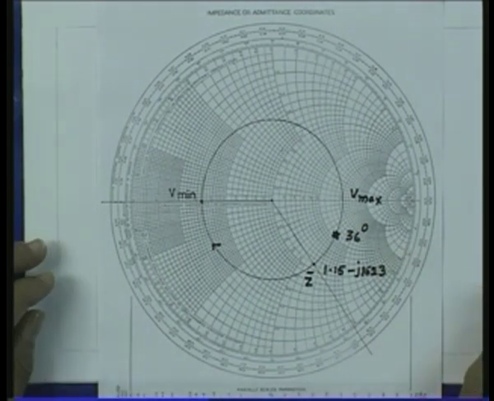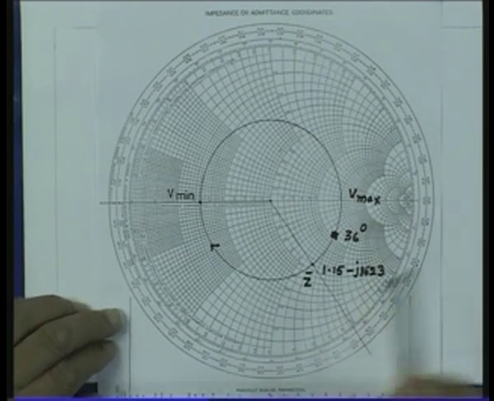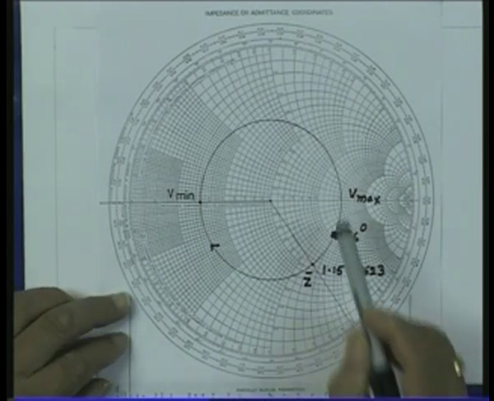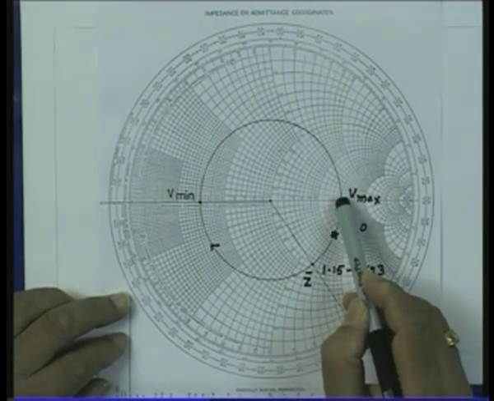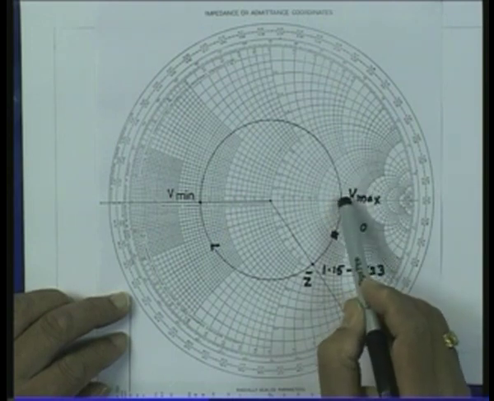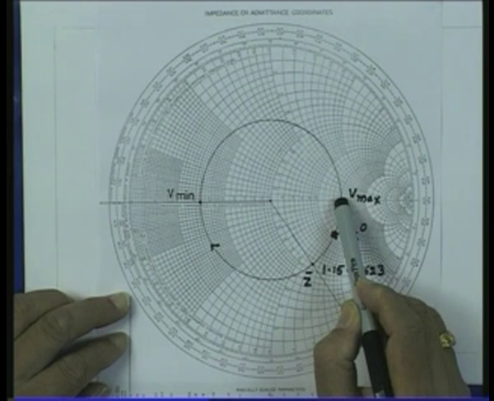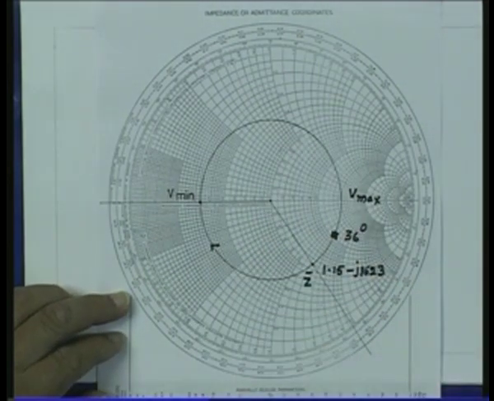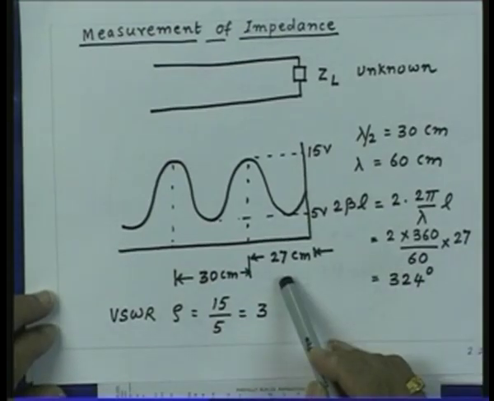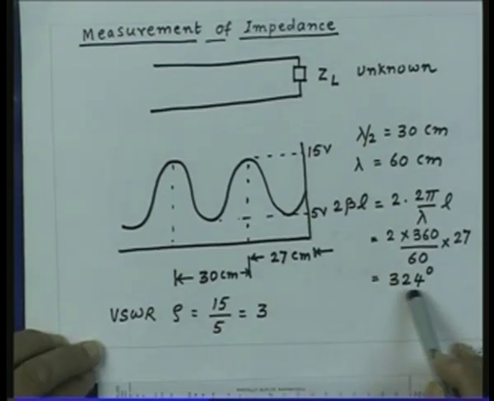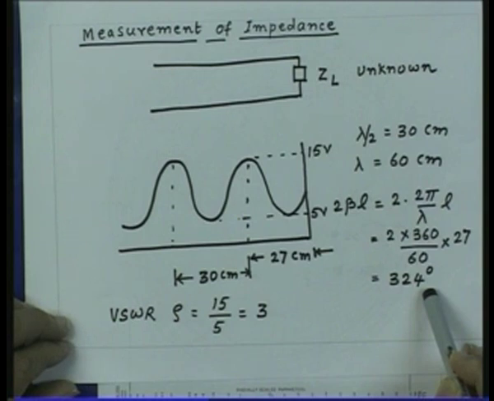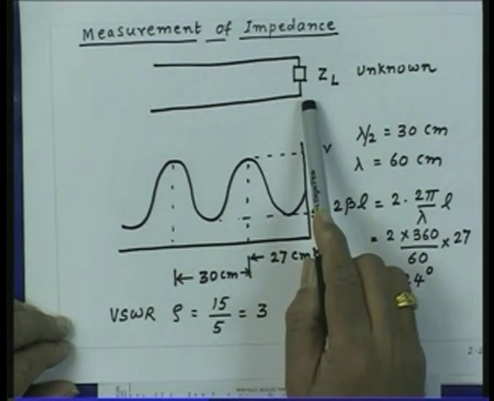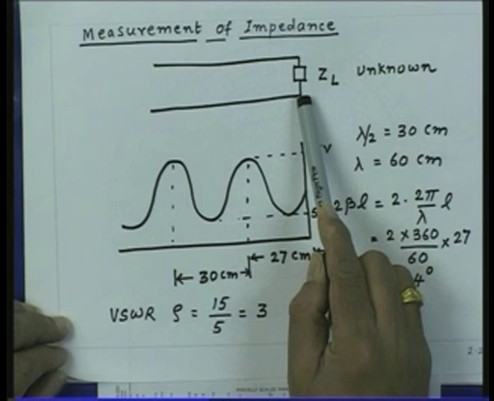Since we know the location of the voltage maximum in our problem, we know this location on the transmission line, and now if I move from this voltage maximum point away from the generator by a distance of 27 centimeters, that is 324 degrees, then I must reach the load point.